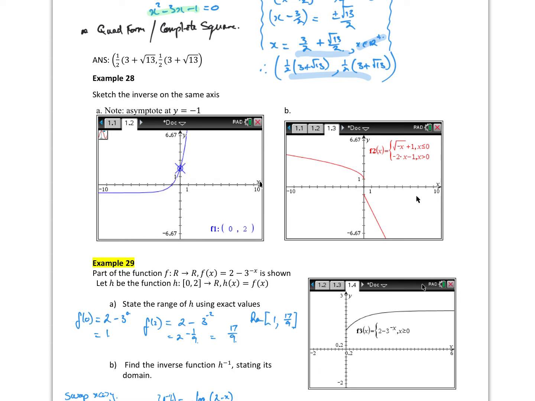So let's get a pen there. I'll just do it freehand. So there's x equal to -1. That intercept there is at the point 0, 2, so my new intercept is at the point 2, 0.